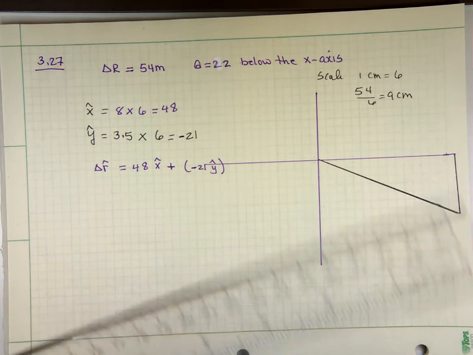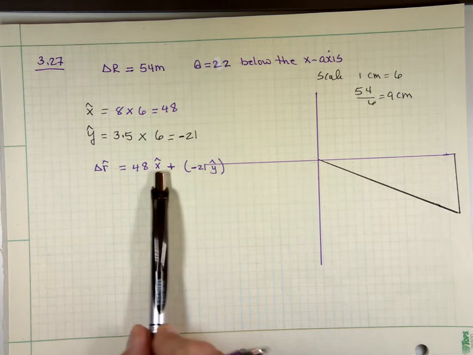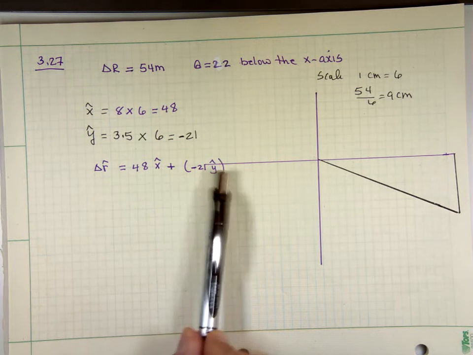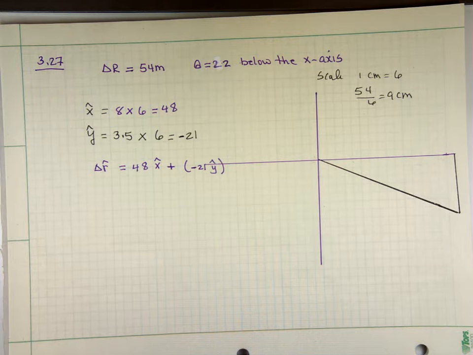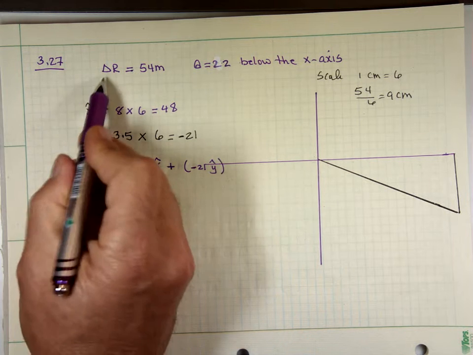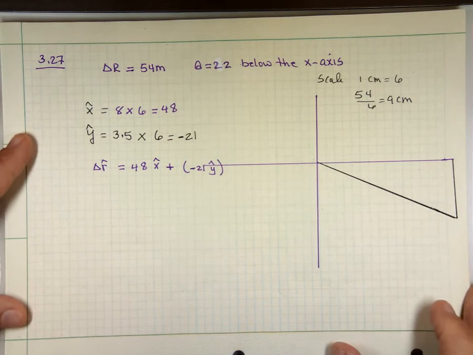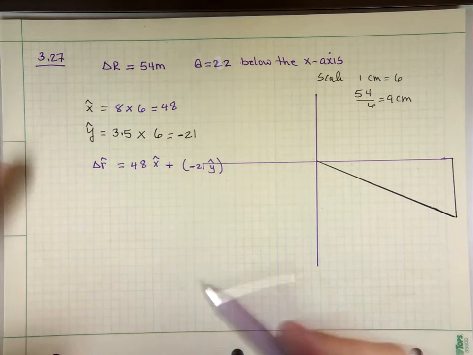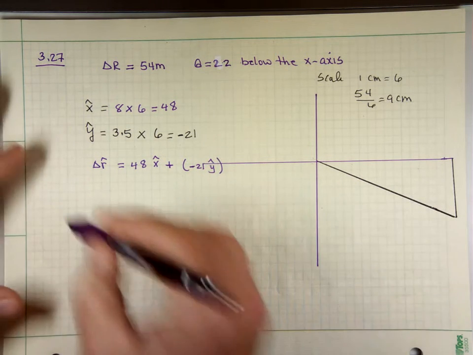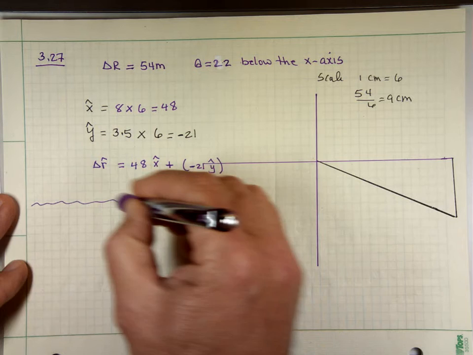The y with the hat over it, and the x with the hat, indicate the direction. Delta is a change in r. Now mathematically, if you want to do the math to make sure your number is really good, because if you're off by 0.1 it's wrong.